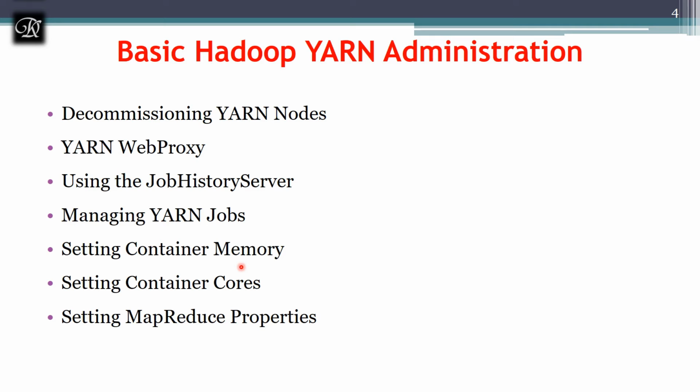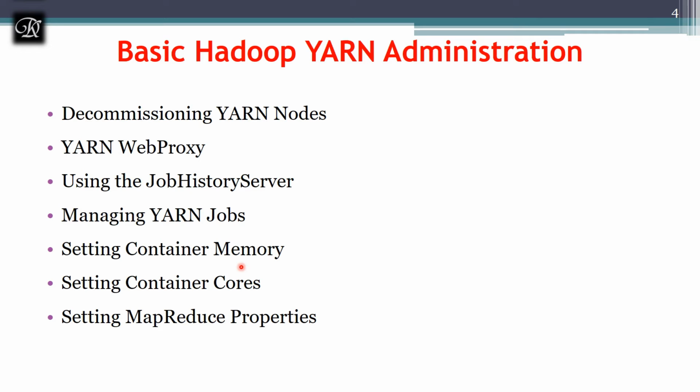yarn.scheduler.minimum-allocation-mb, which is the smallest allowed by the resource manager. A requested container smaller than this value will result in an allocated container of this size, 1024 MB. Here you can set the minimum size of the container. Similarly, you can set the maximum size of the container allowed by the resource manager by using yarn.scheduler.maximum-allocation-mb.